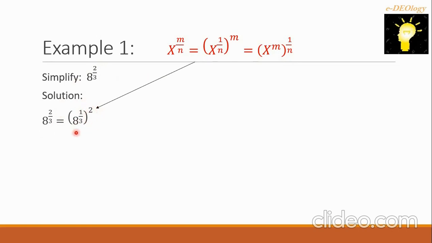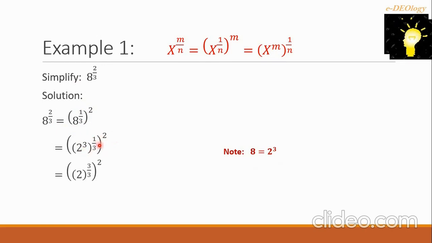The next step here is the number 8. We will show that it is equal to 2 cubed. So now it is 2 cubed raised to 1/3 and then all raised to power 2. The next step is we're going to multiply the exponent 3 with the 1/3.